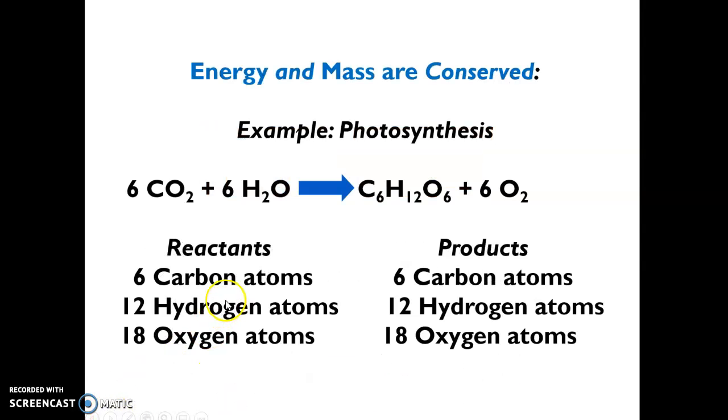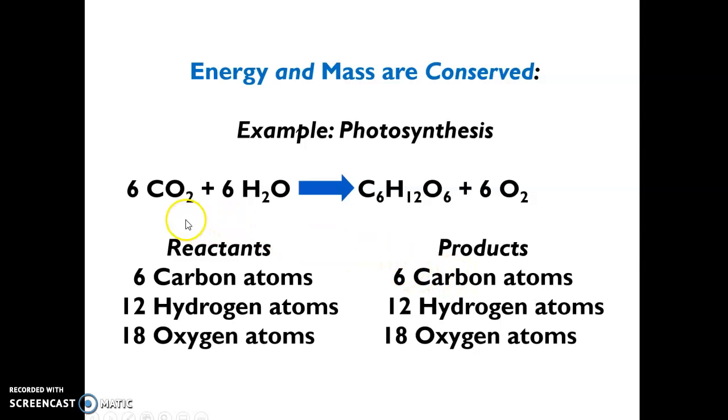So let's look at what happens. That's our example. This is how the chemical formula for photosynthesis is written, with reactants on one side and products on the other side. And during this reaction, both mass and energy are conserved. So that means if we start with 6 carbon atoms here, 6 times 1, then we're going to have 6 carbon atoms on the product side.